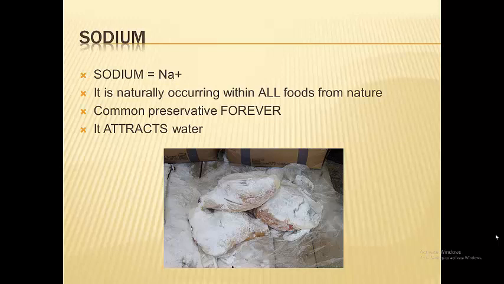It has been a common preservative since the beginning of time. Man learned that salt was a compound of sodium and chloride. Man found salt ponds that would dry up and evaporate the water, and it would leave these crystals everywhere. And they figured out that if they took these chunks of crystals and they rubbed them on meat, that it would draw the water out. Think of making beef jerky, dried meats, right? You draw the water out.